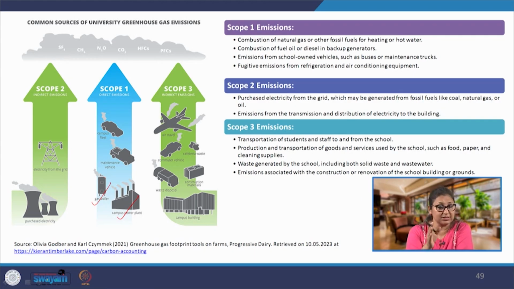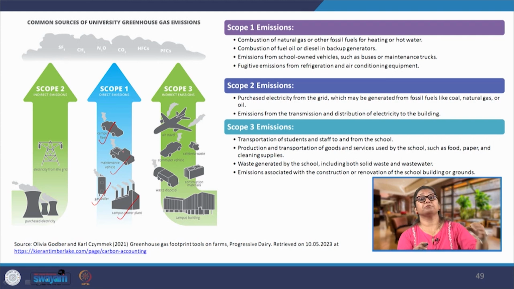If it is electricity, the emissions go in scope 2. But if some other conventional fuel is burnt to provide for the heating, then that is going to be accounted for here in direct emissions. Then we will be having the campus fleet of vehicles and the maintenance vehicles, all of that, the emissions resulting from that is scope 1.